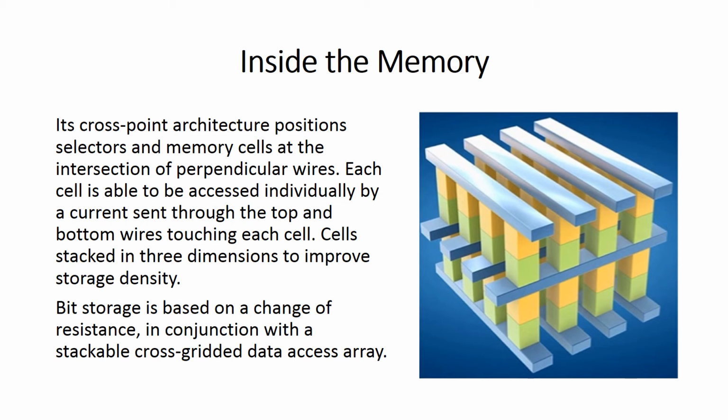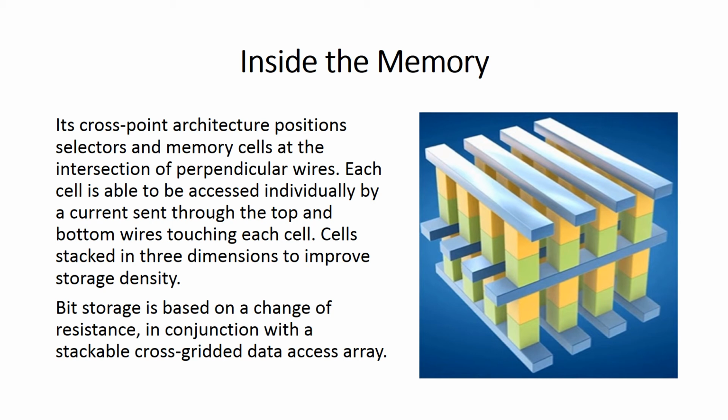Each memory cell can be accessed individually by a current sent through the top and bottom wires touching each cell. The memory cells are stacked in 3 dimensions to improve the storage density. So you can stack layers above layers to increase the storage density.